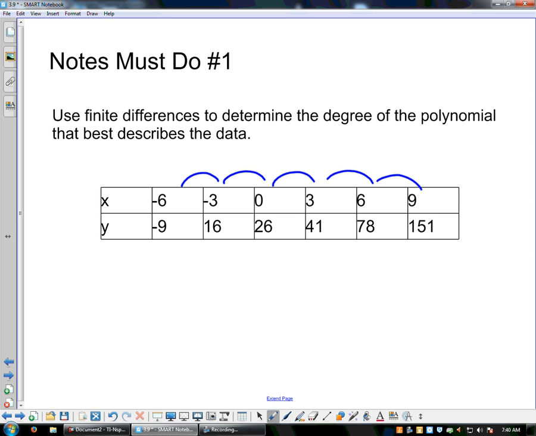I want you, in your notes, to do the first order differences and see if they're equal to each other. If they're not, go on to the second, and so on, like we did in that last example. Please pause this video to take the first order, second order, whatever you need, and then state this data is quadratic, or cubic, or quartic. When you're ready, resume this video.